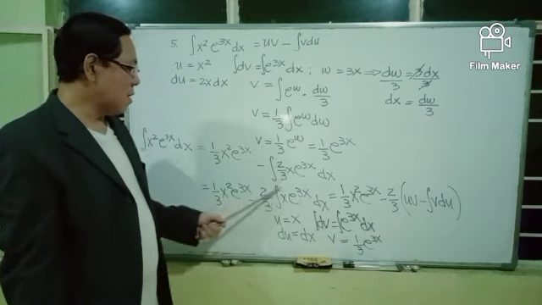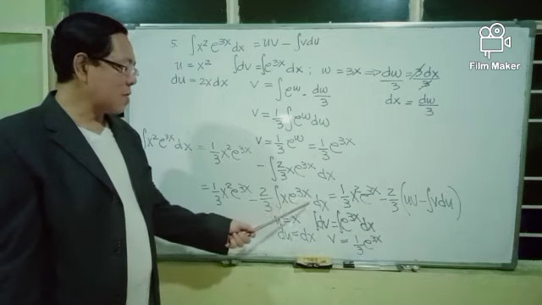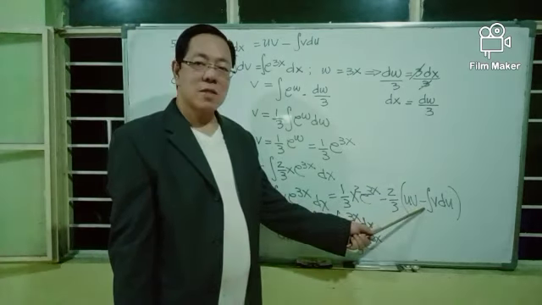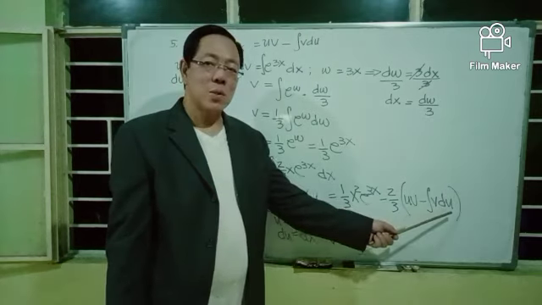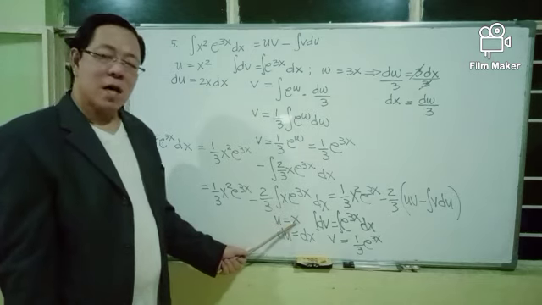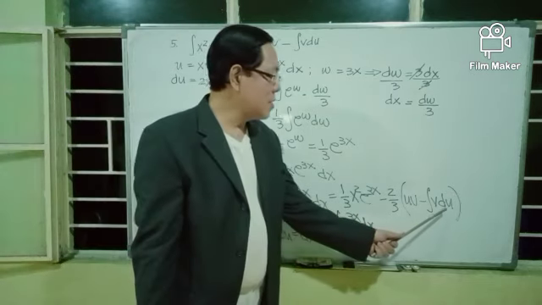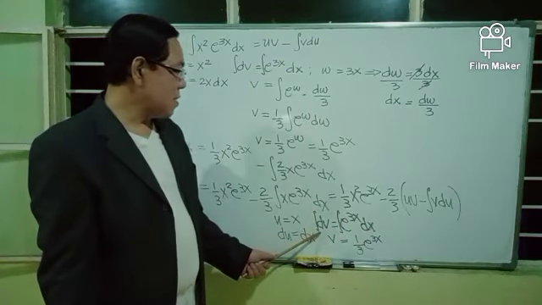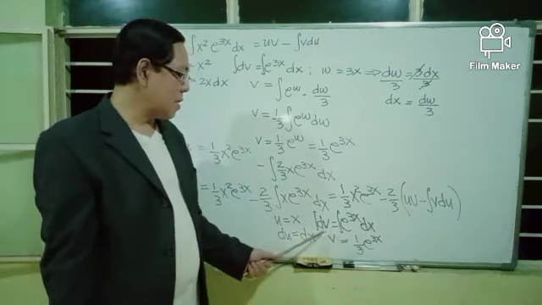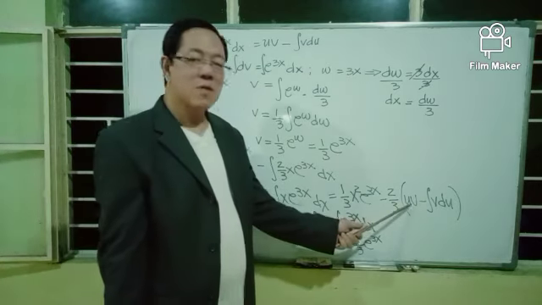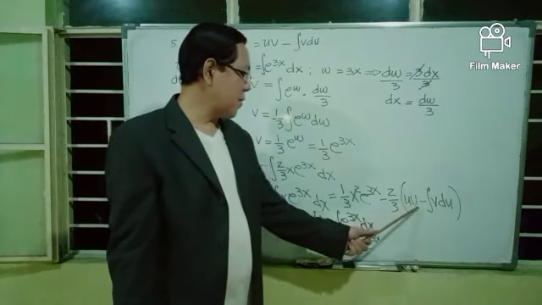So the integral of x e to the 3x dx by parts is uv minus the integral of v du, where u we let as x and dv, from which we obtain v is e to the 3x dx. We will now substitute u and v.